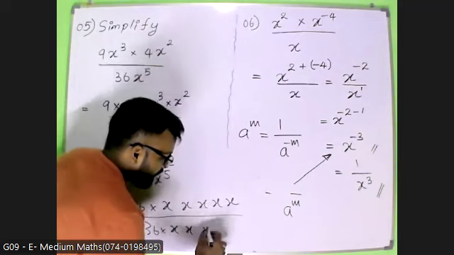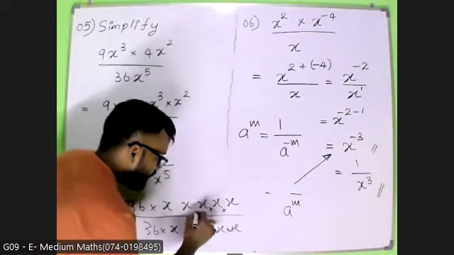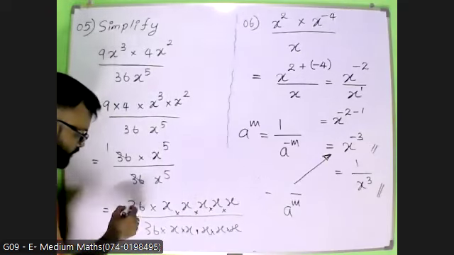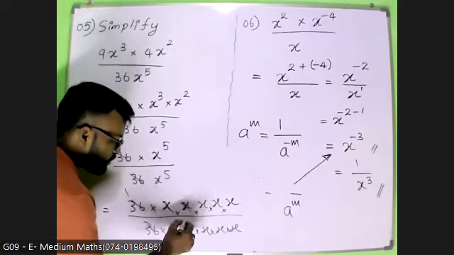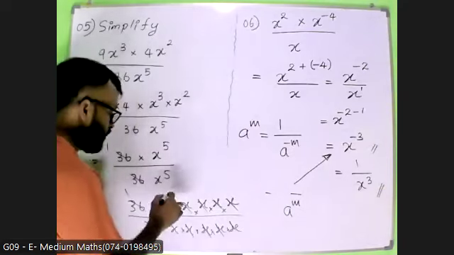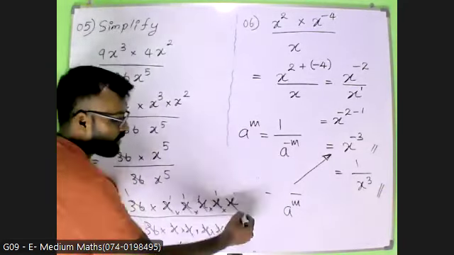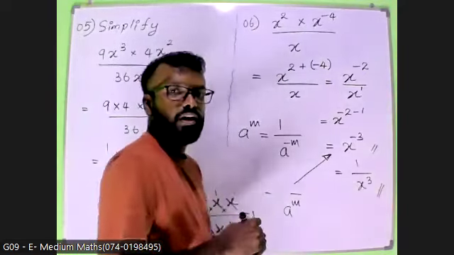So 36 over 36 is 1 and x to the power 5 over x to the power 5 is 1. The answer is 1.